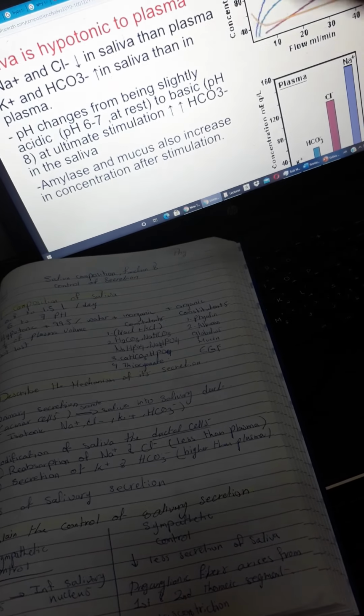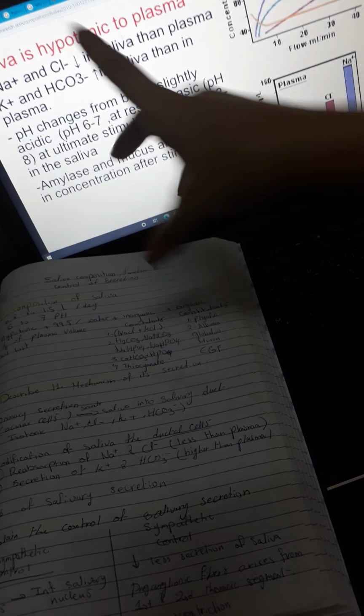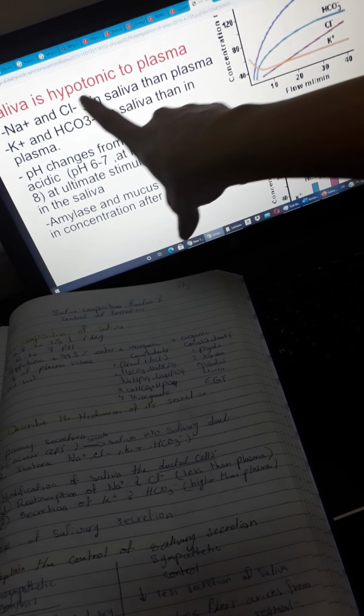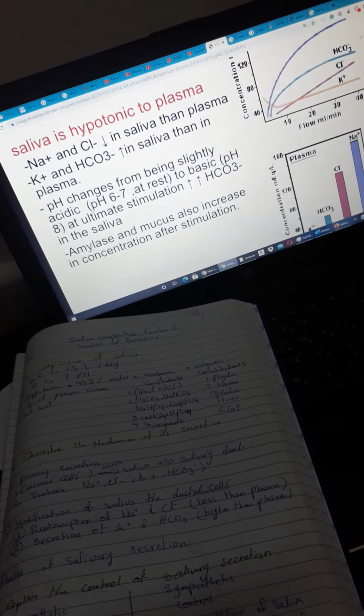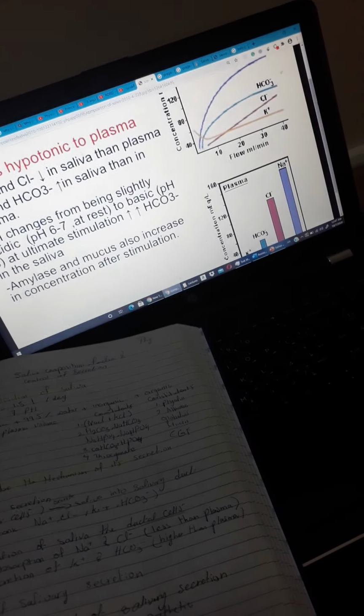So hypo means less concentration of sodium and chlorine.